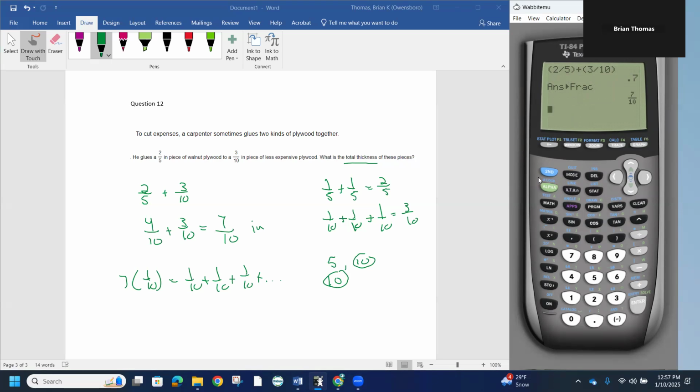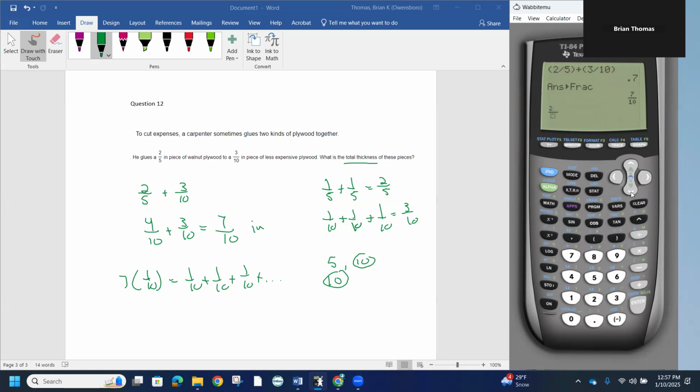There's also a fraction button menu. This little green F1 has a fraction menu in it. If I hit the alpha button and then hit the Y equals button, it'll show me this fraction menu. Notice I have this first one, N over D. If I select that, it'll give me a fraction model.